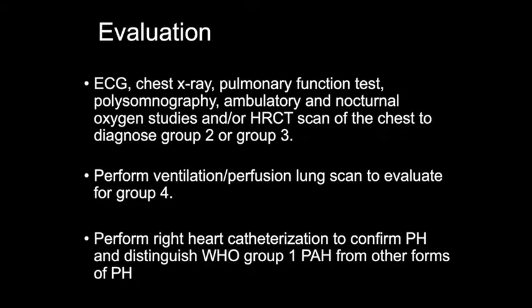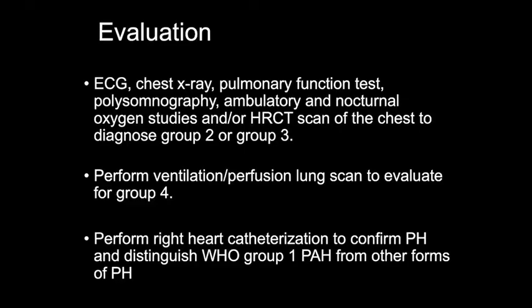Now, the next thing we're going to talk about is the evaluation of pulmonary hypertension. Once we have the echo done, we have a probability that this patient may have high, intermediate, or low chances. When we see patients in the intermediate group, that's the time when we start evaluating the patient.